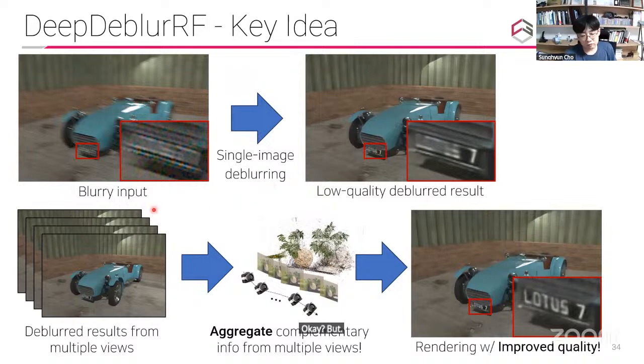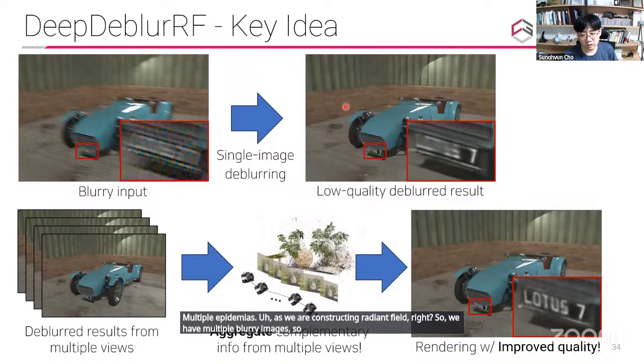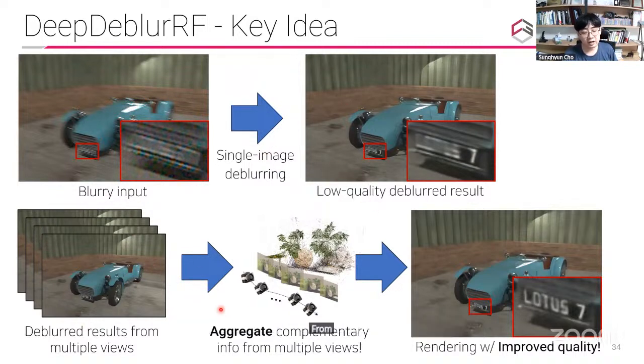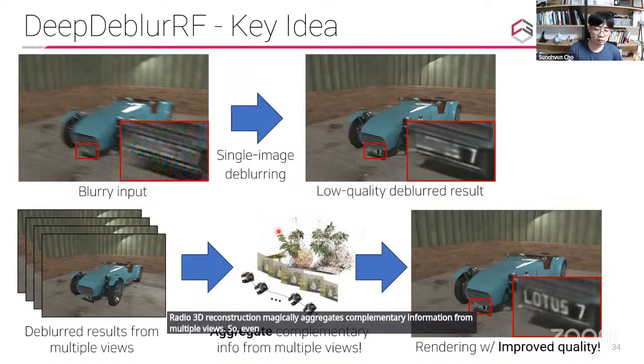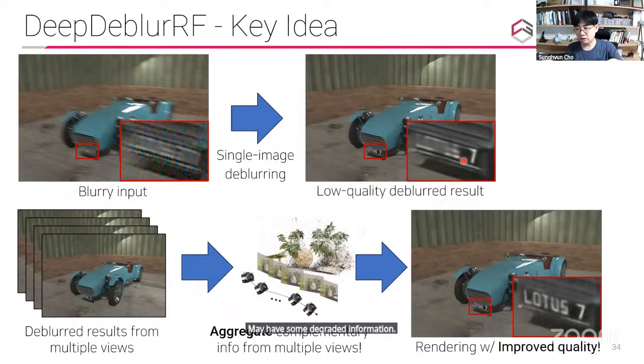But fortunately, we have multiple input images as we are constructing a radiance field, right? So we have multiple blurry images, so we have multiple deblurring results like this from multiple views, and then we reconstruct the radiance field, and this reconstruction basically aggregates complementary information from multiple views. So even if one deblurring result may have some degraded information, that degraded information may be restored by complementary information from other views.